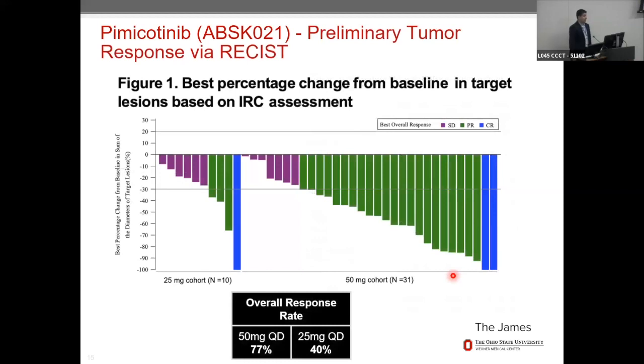And then here we see a little waterfall plot. On the left-hand side, the 25 milligram cohort and then the 50 milligram cohort. And what you can see is a significant response in both cohorts with different doses.